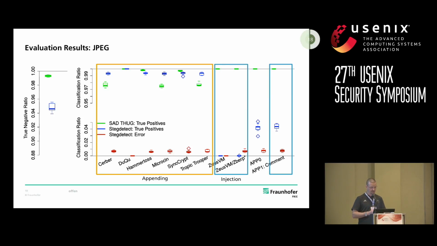When we look at the other approaches, however, the performance of StackDetect basically goes to 0, and SADFUG achieves 100% true positives. You may argue, obviously, that for the app 0 and the methods that we introduced, StackDetect is actually having some true positives here.